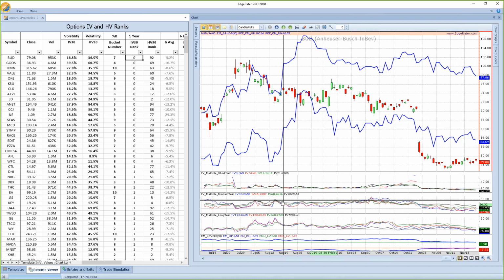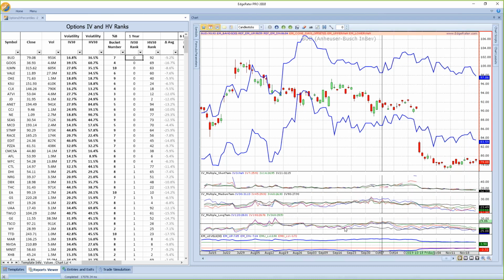The medium-term implied volatilities are 30, 45, 60, and 90. And these are calendar days, not bars. When you're talking about historical volatility, you're looking at bars. 22 bars is equivalent to 30 days, pretty much. And then you've got your long-term implied volatilities, so 120, 180, 360, and 720, which is equivalent to almost 2 years implied volatility. So you can see that.